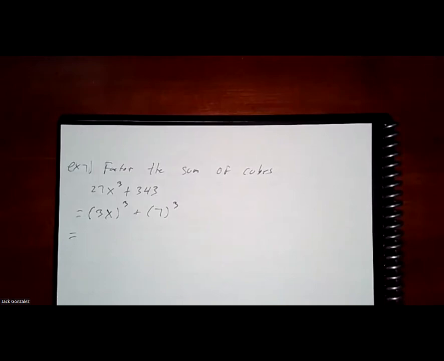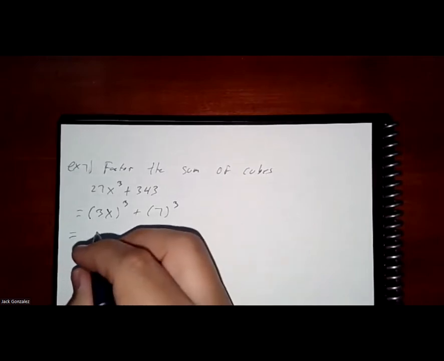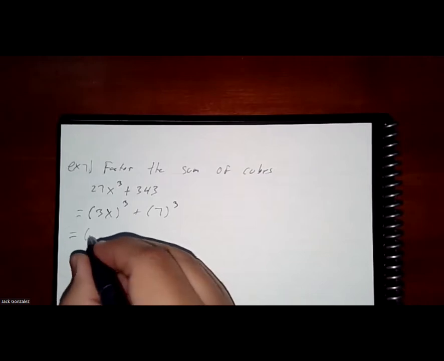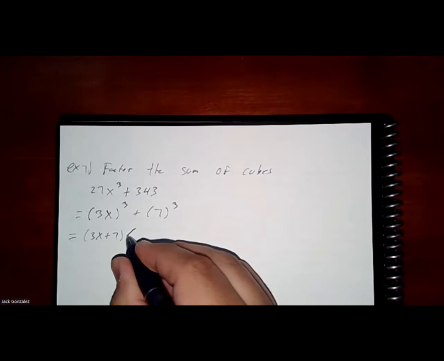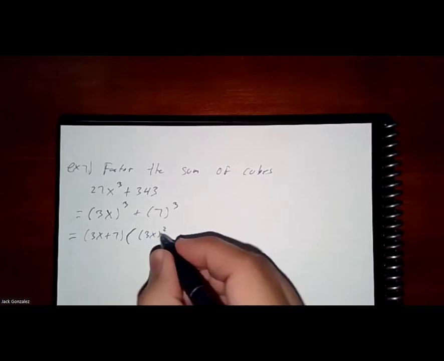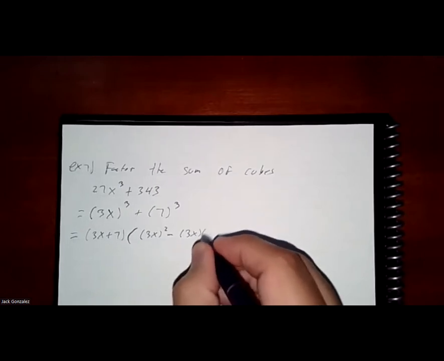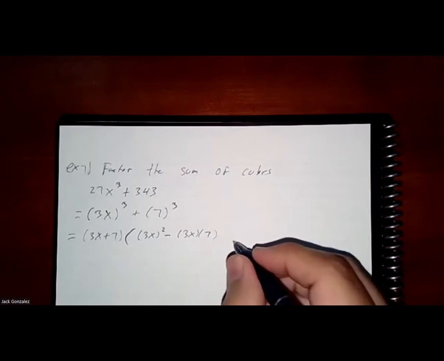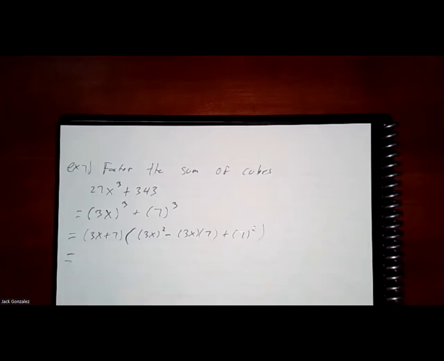We have to stop after this guy because we're out of time. But the formula will be 3x plus 7 times 3x squared minus 3x times 7 plus 7 squared. That's the sum of cubes that I gave you at the end of the last section.